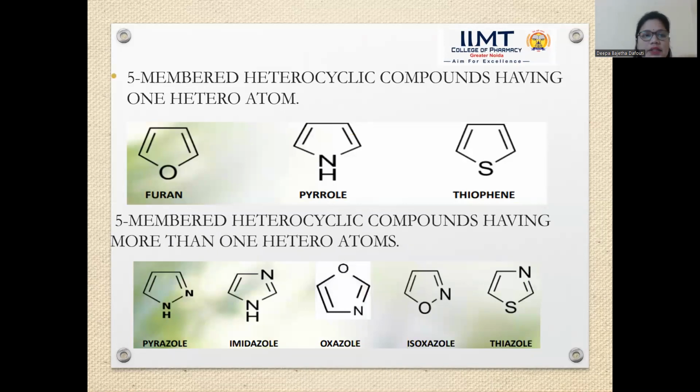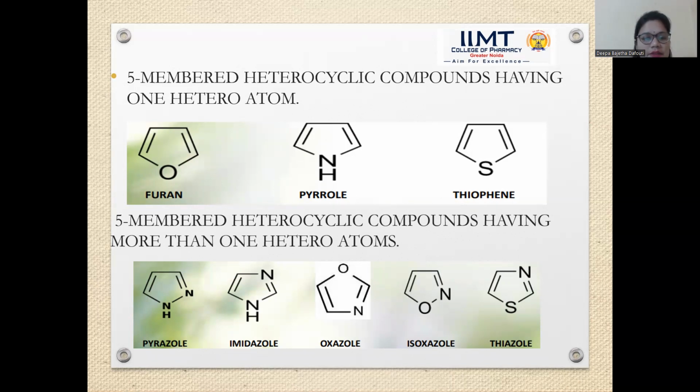So first category, 5-membered heterocyclic compounds having one heteroatom. As you can see in the structures, the first example is furan, having oxygen as a heteroatom in the 5-membered ring, and in pyrrole, nitrogen as a heteroatom, and in thiophene, sulfur as a heteroatom. Next is 5-membered heterocyclic compounds having more than one heteroatom.